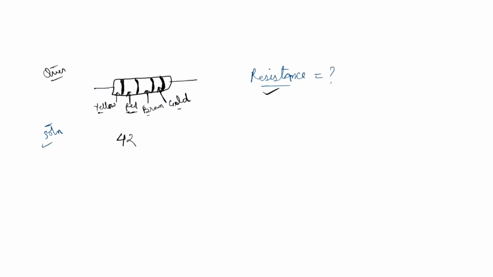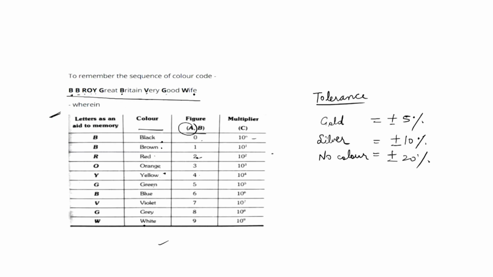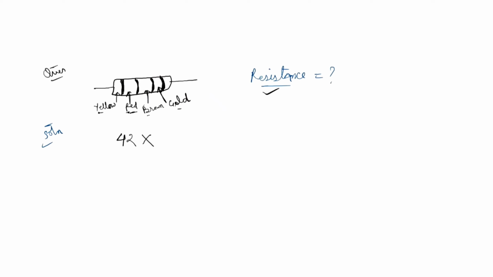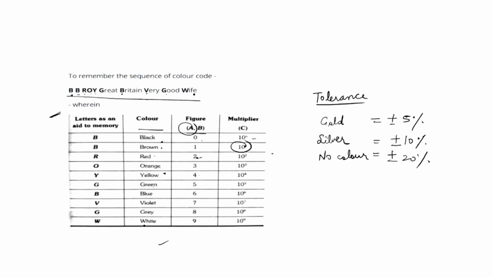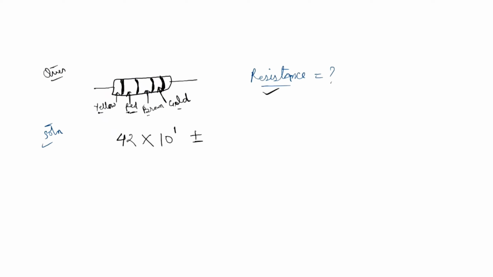Then the multiplier band C is brown, which is 10 raised to the power 1. Gold is the tolerance, plus or minus 5%, and the unit is ohm. So this is the value of the resistance of this resistor.